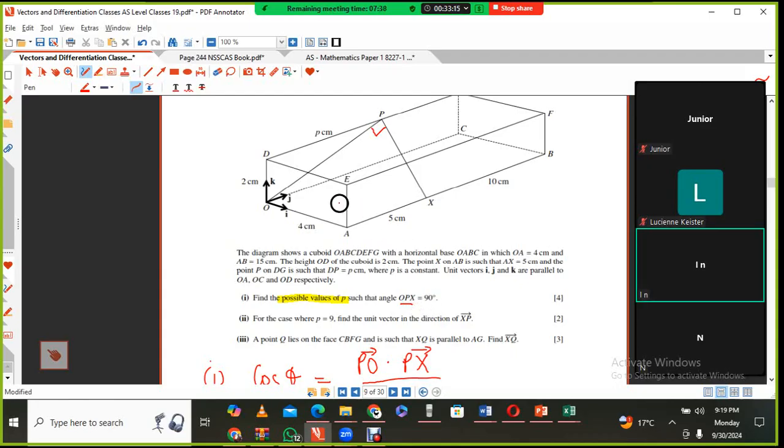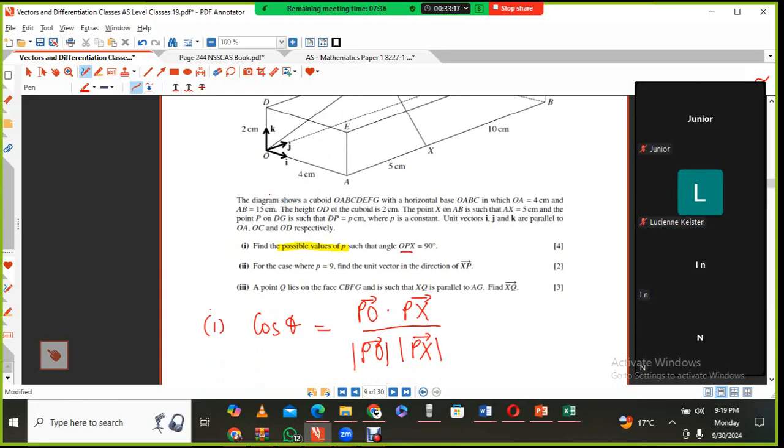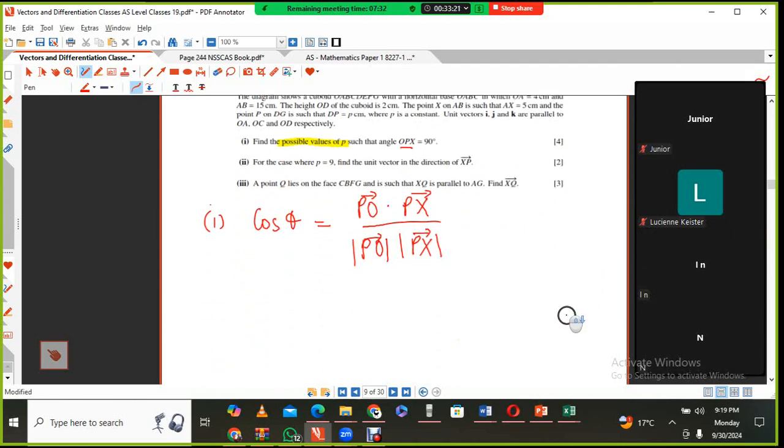So what is cos of 90 degrees? It's 0. You agree?